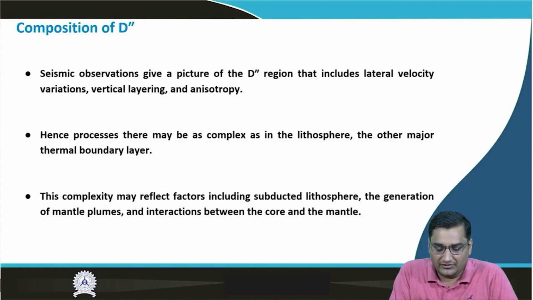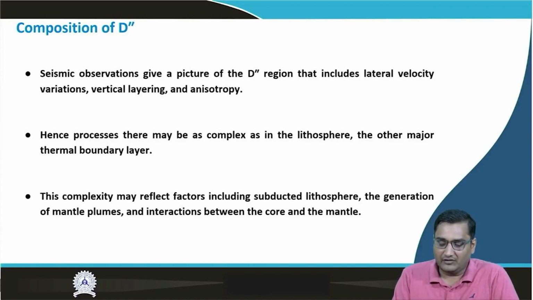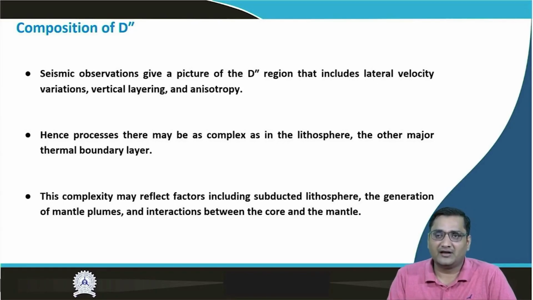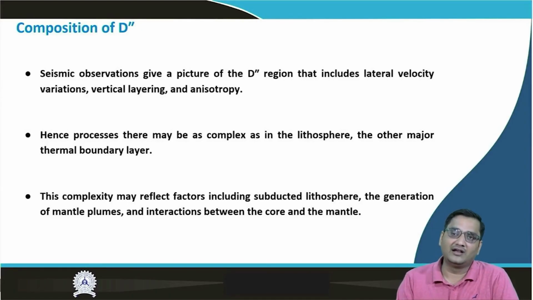Now to start with, the seismic observation has produced a picture of D double prime region, and that basically tells that lateral velocity variations are there at the D double prime region. Also there is vertical layering and anisotropy present.